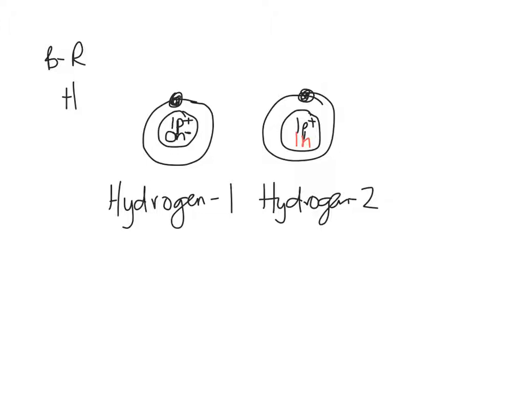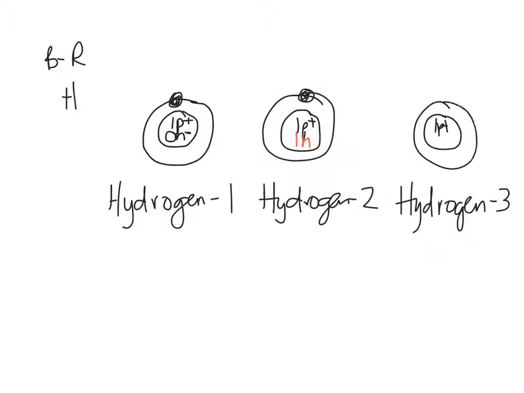There's a third isotope. It has a mass of 3. How many neutrons will it have?